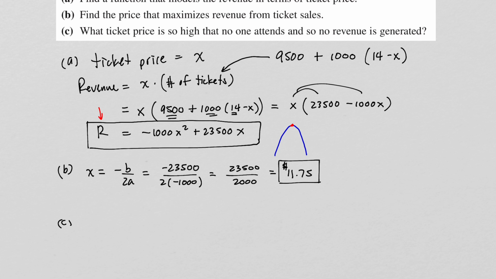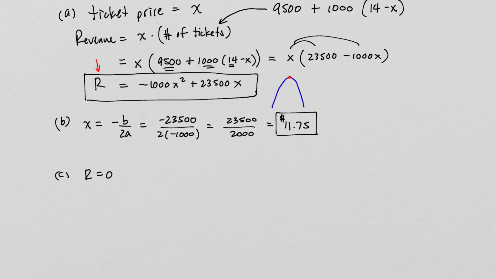For the last part, it says, what ticket price is so high that no one attends and so no revenue is generated? So to figure this out, we're just going to set R equal to 0, because if there's no revenue, that means revenue is 0.